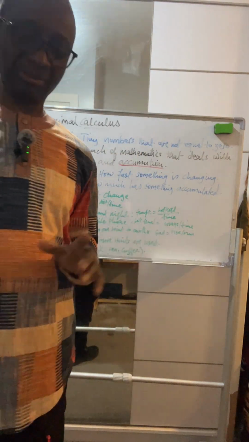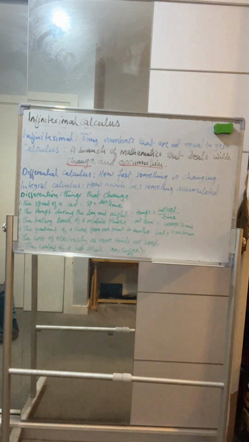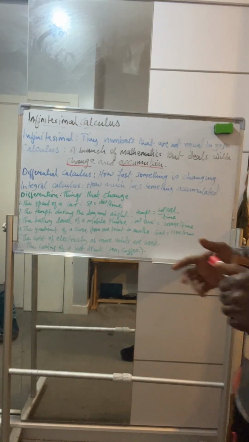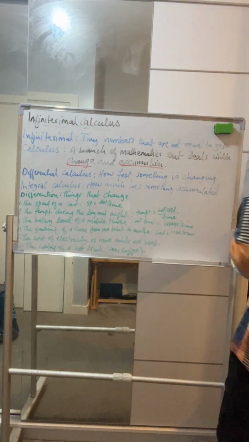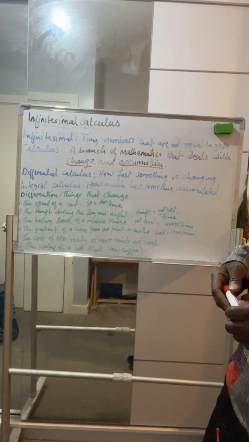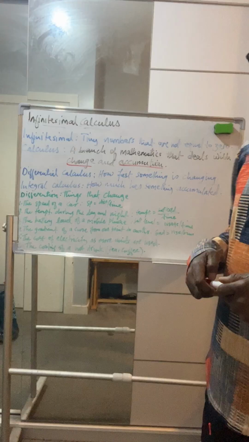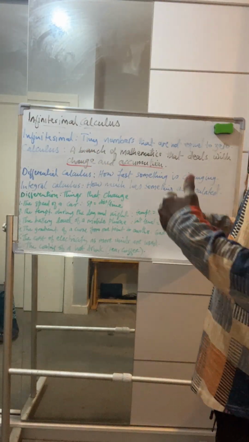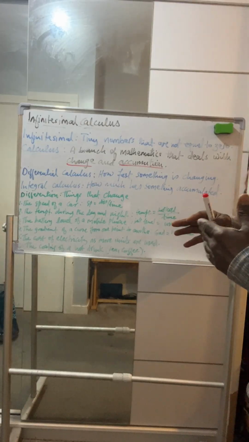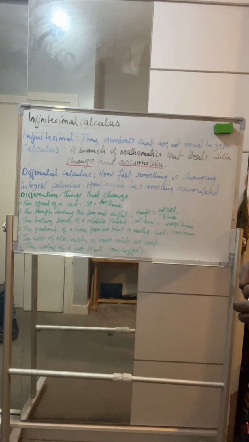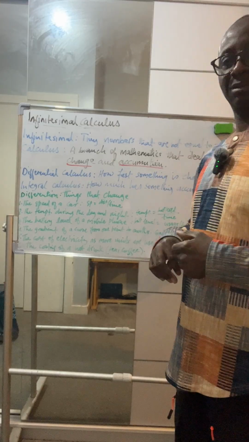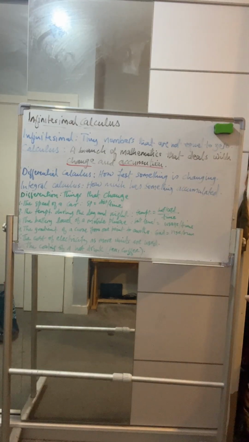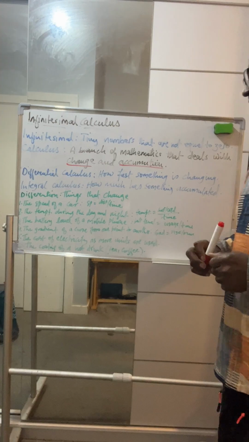So it's like the one is opposite to the other. Now, having these two divisions under infinitesimal calculus, we are going to take them one by one. We'll start with one, finish with it, then jump to the other one. So in this video, we are going to talk about differentiation.